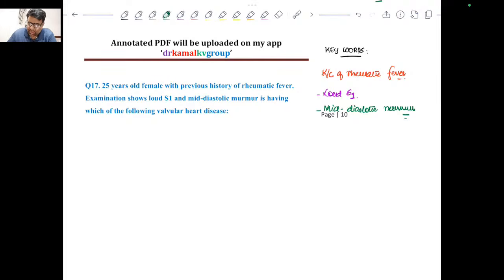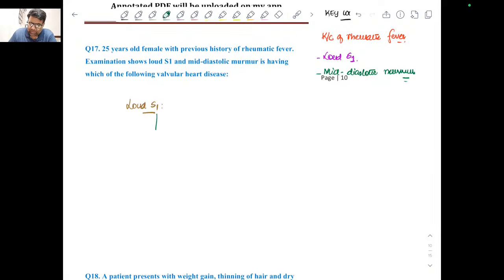Now loud S1, let us take this loud S1. Firstly we should know what is the reason for S1. Very good, Priya. So S1 is because of closure of AV valves, right? Mitral and tricuspid.